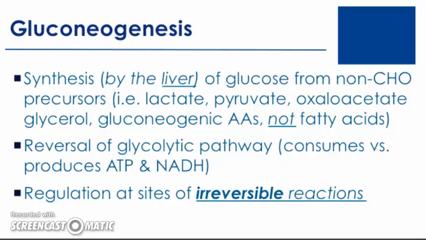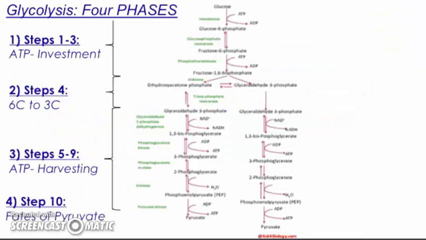The regulation of gluconeogenesis occurs at the steps of the irreversible reactions of glycolysis. Just as a reminder, we can review here the irreversible steps of glycolysis. So first we have step 1, which is glucose to glucose 6-phosphate, and you can see the one directional arrow.